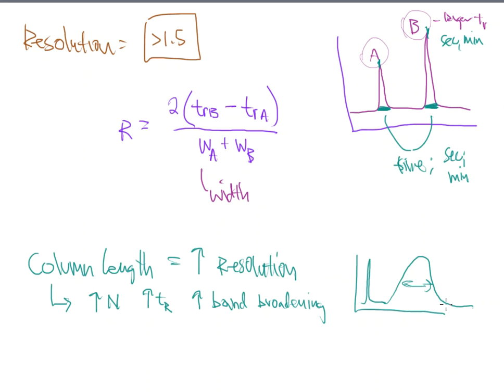So one of the other ways that we can maximize resolution then is to decrease the height of the theoretical plate. So decrease HETP, and it reduces the size of the stationary phase particle.